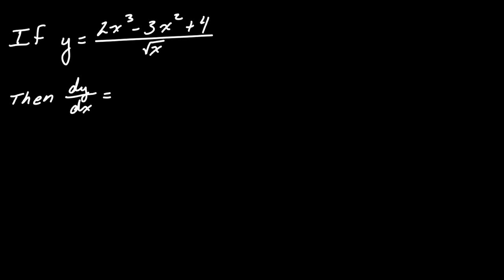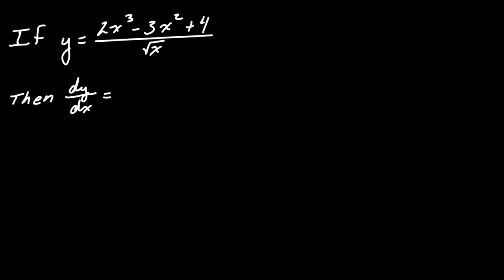All right, so the next one, once again, you might think quotient rule, but let's think if we can simplify this a little bit. Whenever you are dividing by a single term, that is the same thing as saying each term in the numerator is going to get divided by that term in the denominator.